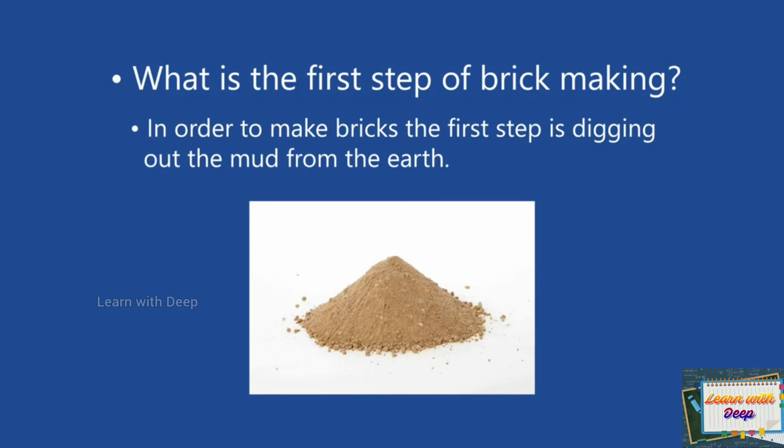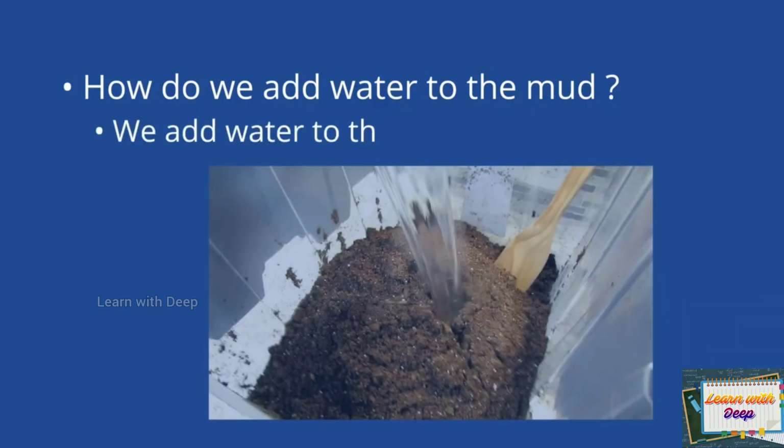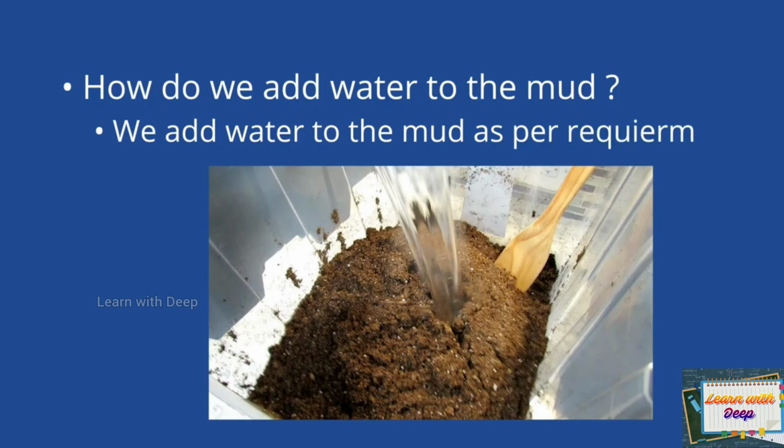Next, how do we add water to the mud? Yes, try and answer. Yes, we add water to the mud or soil as per the requirement as we need to make a dough.